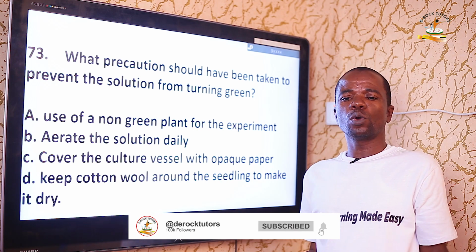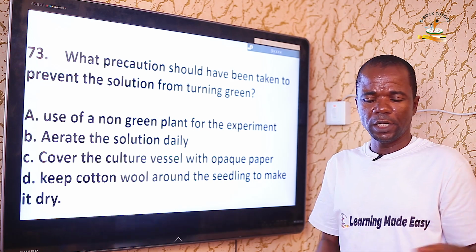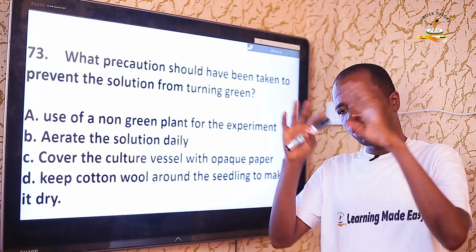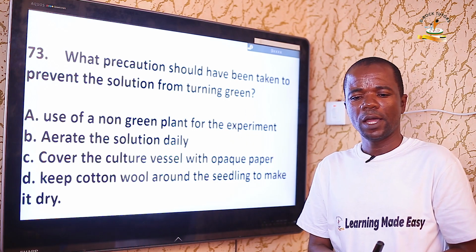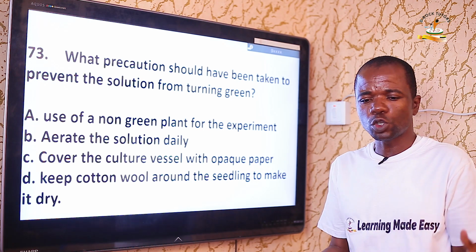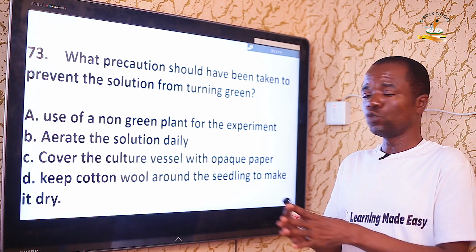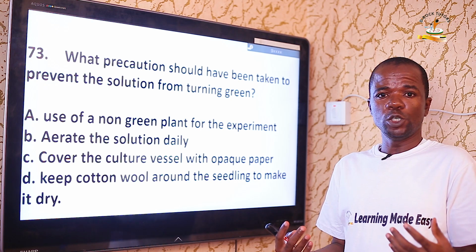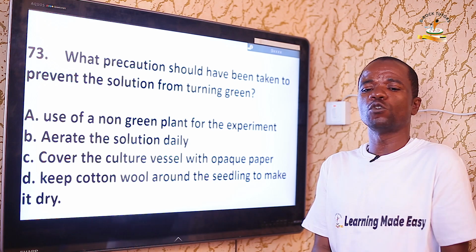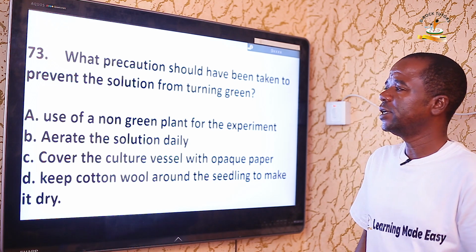That is because of the growth of algae. It is the growth of algae in that particular solution that brought about the solution turning green. When algae begin to grow in the solution, algae will have used all the nutrients available to the plant. And when all the nutrients have been used up by algae, there will be no nutrients left for the plant. And that is why the plant eventually died.